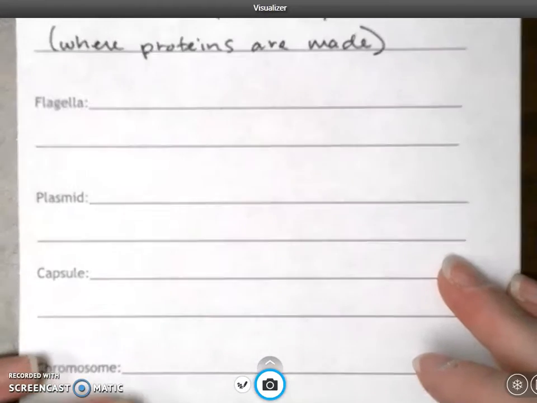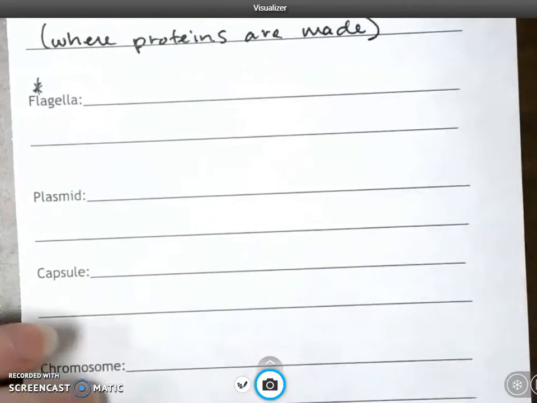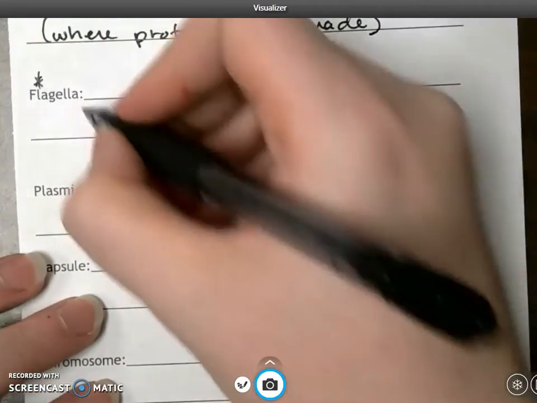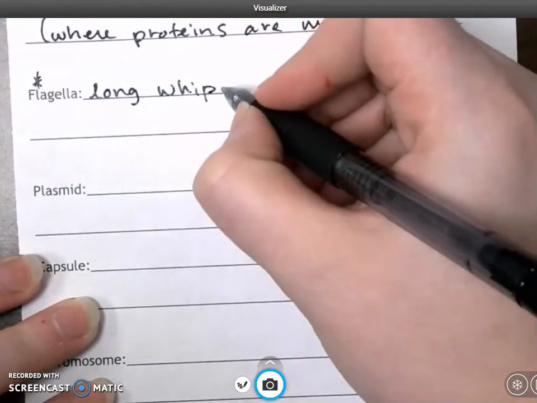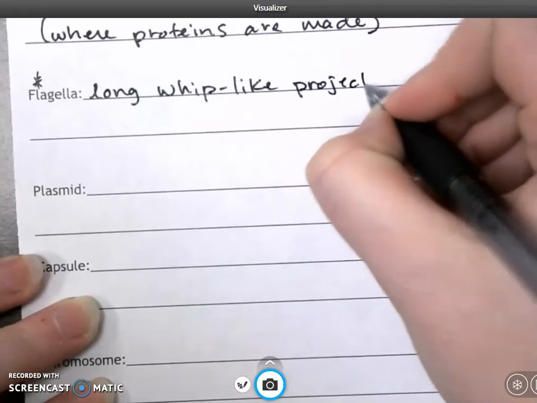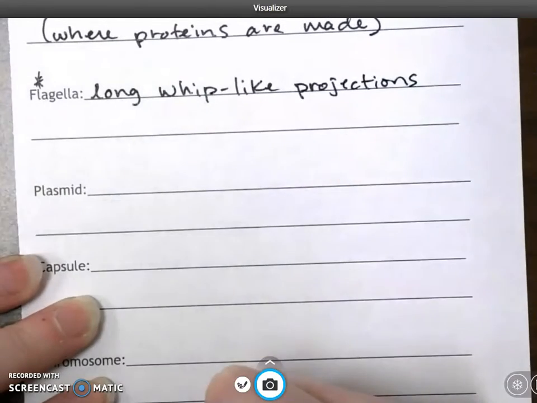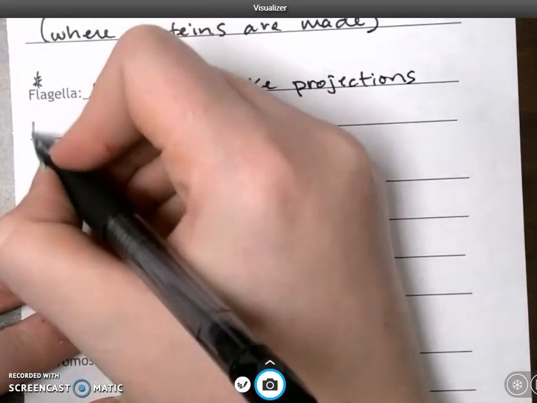Our next structure is the flagella. Now, flagella are not found on every single type of bacterial cell, okay? But a lot of them have them. They are long, whip-like projections that help the bacteria move.